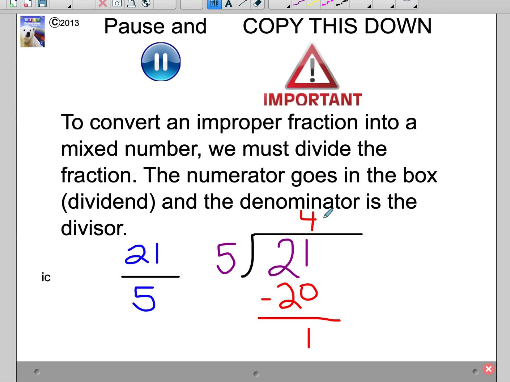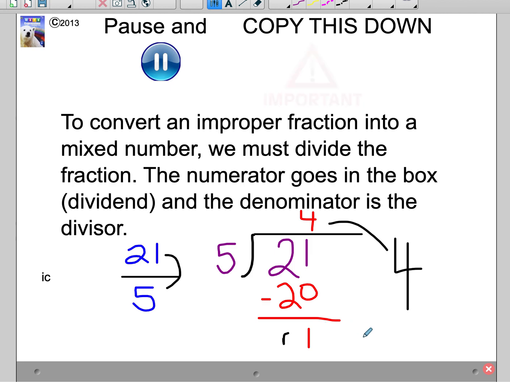This is really big. So now we have, when we divided 21 pieces in groups of 5, we now have a quotient of 4. That quotient actually is your whole number. There's going to be 4 whole pieces, 4 wholes. How many leftovers? Well, a remainder really is a leftover.